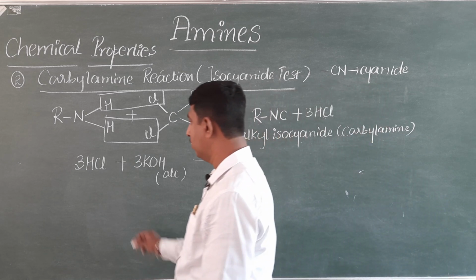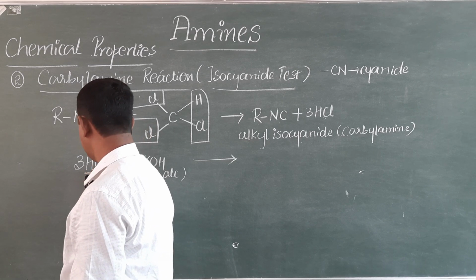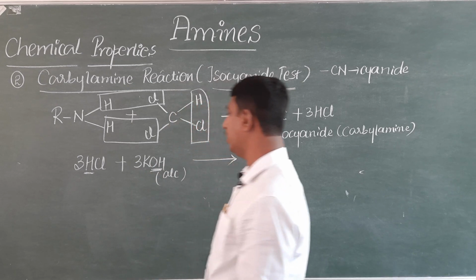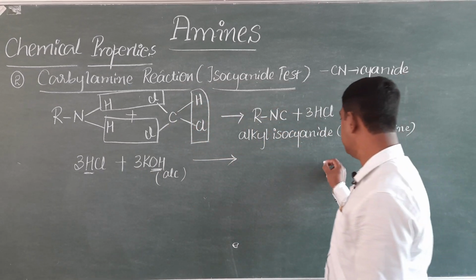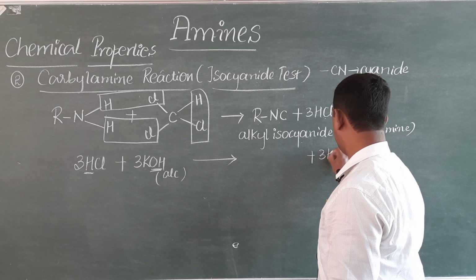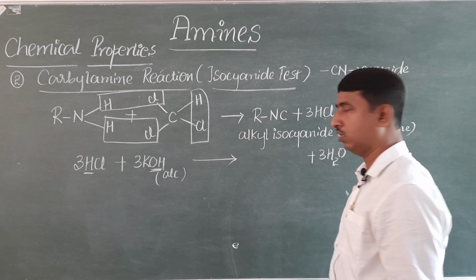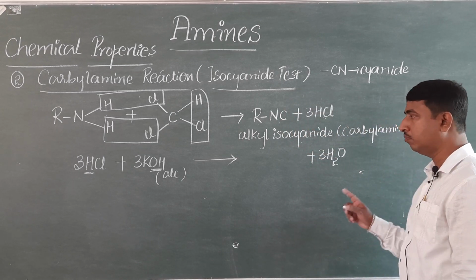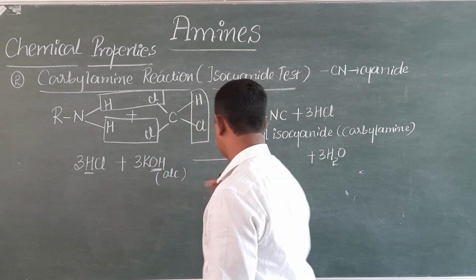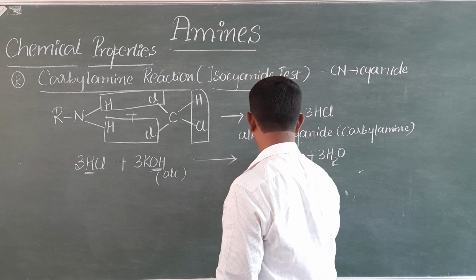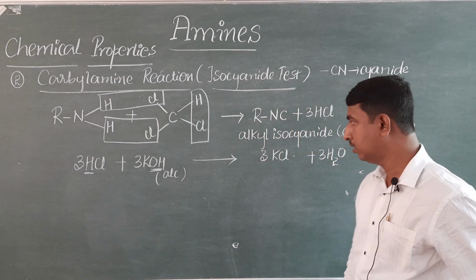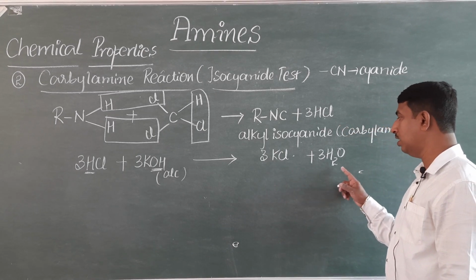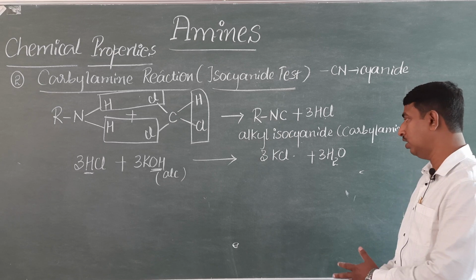The acid liberates H plus, KOH liberates OH minus, and H plus combines with OH minus forming water, 3 molecules, because we have taken 3 molecules of acid and 3 molecules of base. The salt obtained is KCl, 3 molecules. So 3 HCl plus 3 KOH gives 3 KCl plus 3 H2O.